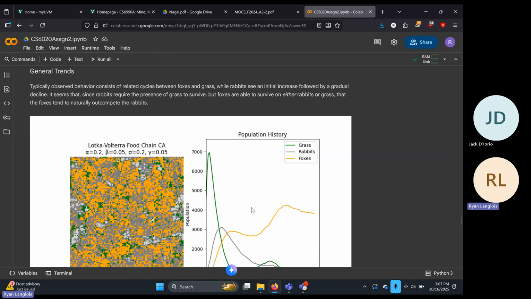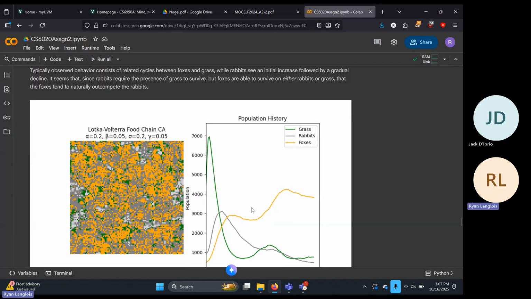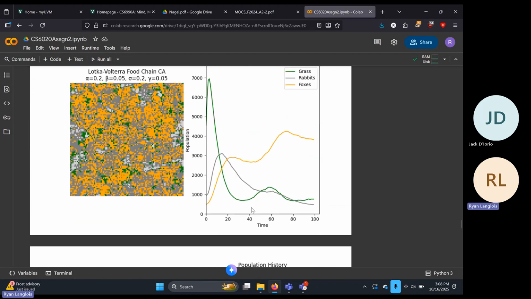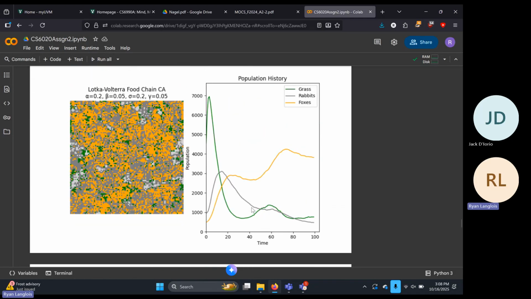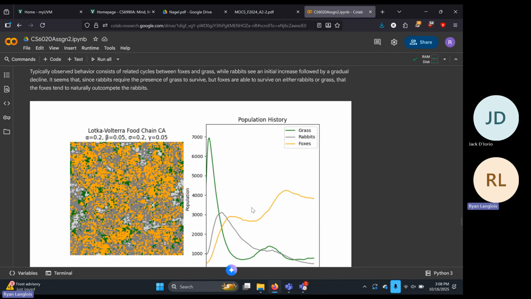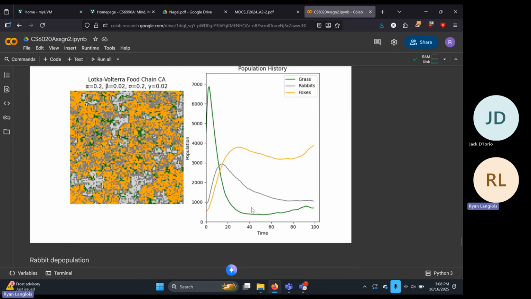For one, the foxes and grass tend to oscillate more so than the rabbits and grass in the previous example, and the rabbit population tends to generally decrease. This seems to be because the foxes outcompete the rabbits. Foxes have 2 potential food sources, while rabbits only have 1.